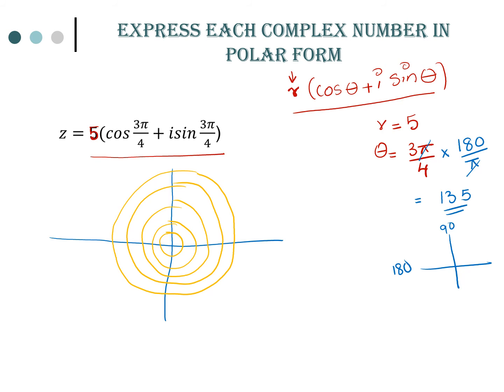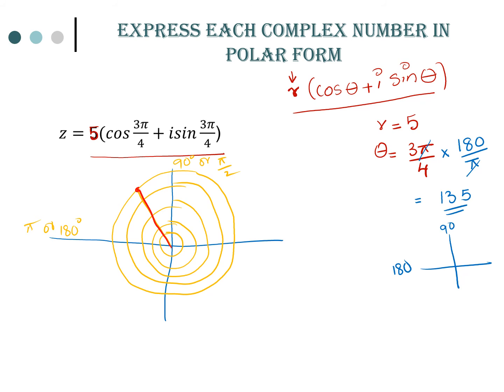Your answer will lie on the 5th circle. Now 135 degrees. This is our 90 degrees and here we have 180 degrees, or here we have the pi, or here we have the pi over 2. 135 degrees will always be near the 90, right? So it could be over here, maybe.